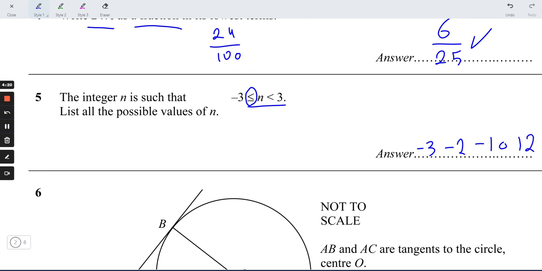So here is the answer. You could write them separated by commas: minus 3, minus 2, minus 1, 0, 1, 2. We are not writing a 3 here because it's less than; there is no equal sign, so we will not write a 3.